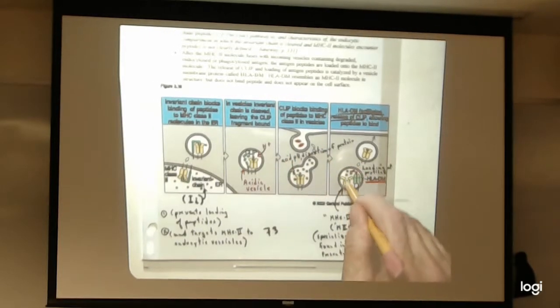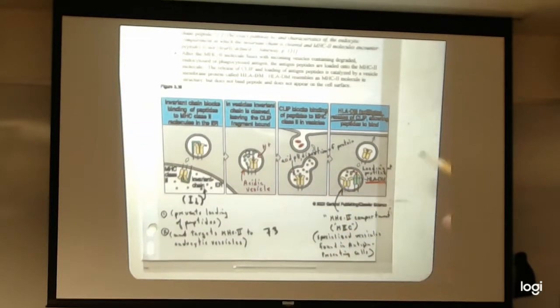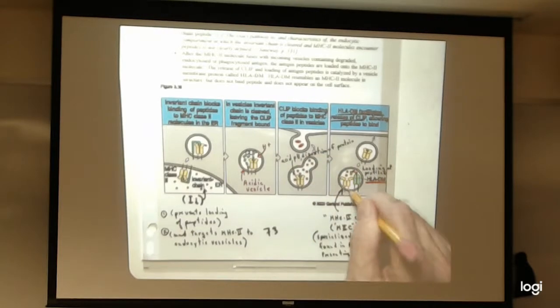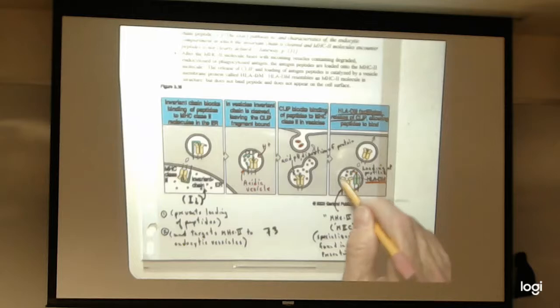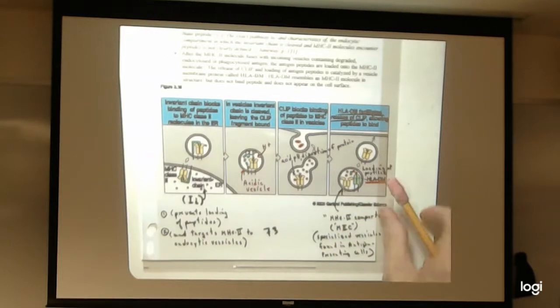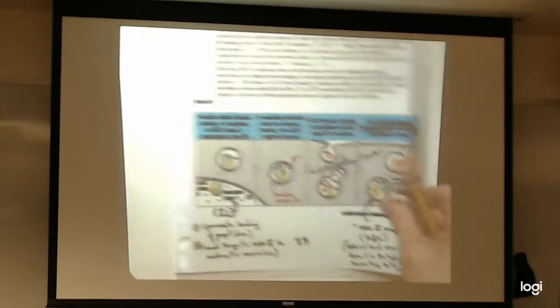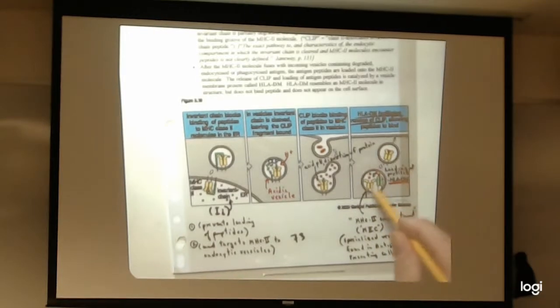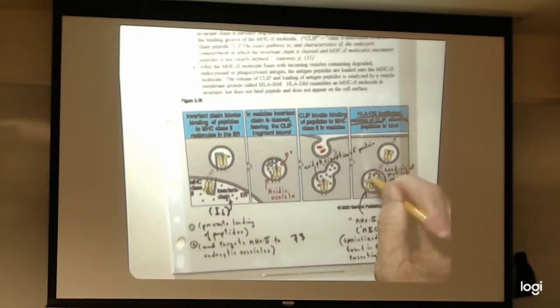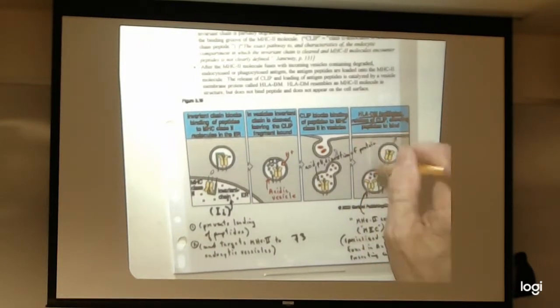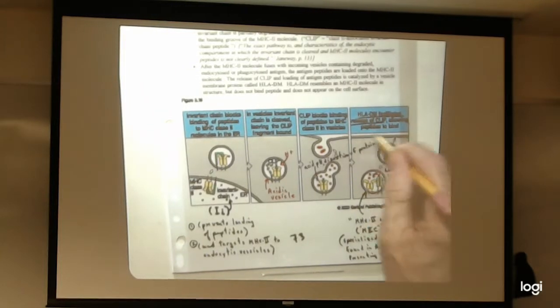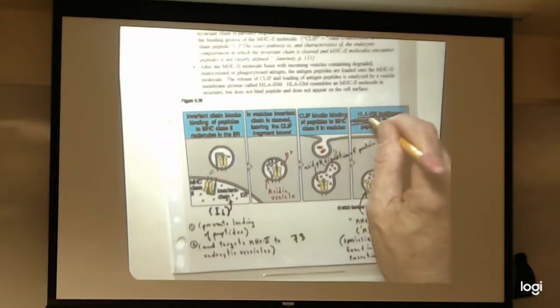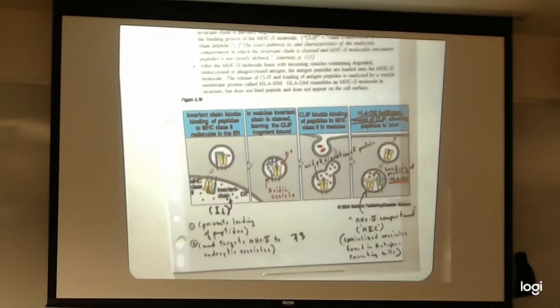If this class 2 molecule is able to bind one of these peptides that are derived from cleaving the bacterial proteins or whatever, it will then fold properly, and it will then be able to proceed on through with its peptide. It is now permitted to go up and fuse with the membrane and release the class 2 molecule with the extracellular peptide displayed on the surface of that professional antigen presenting cell.